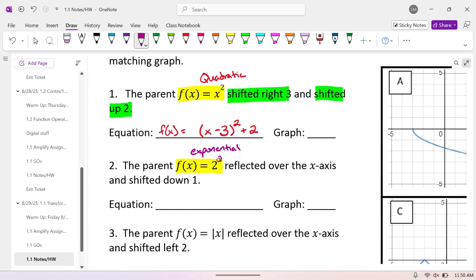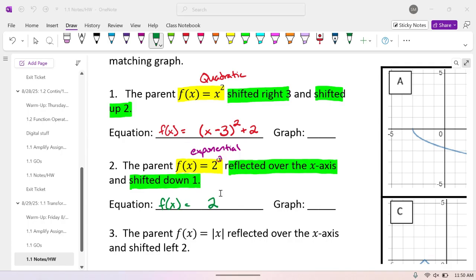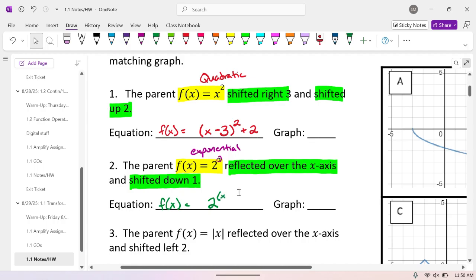All right? Now, this one is being reflected over the x-axis and shifted down 1. So first things first, I'm just going to write it out to where I can see the inside and outside of my brackets. So we still have a base of 2, and then the brackets are going to be up here.